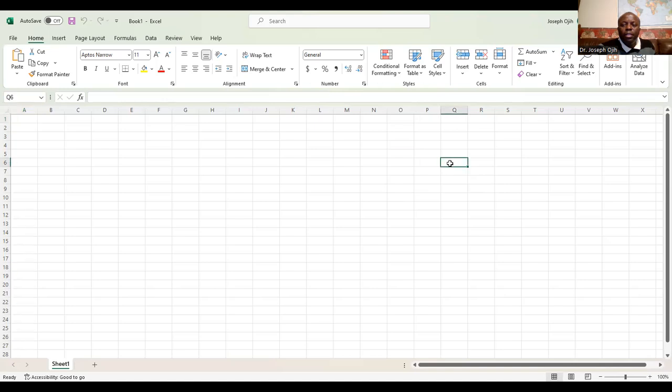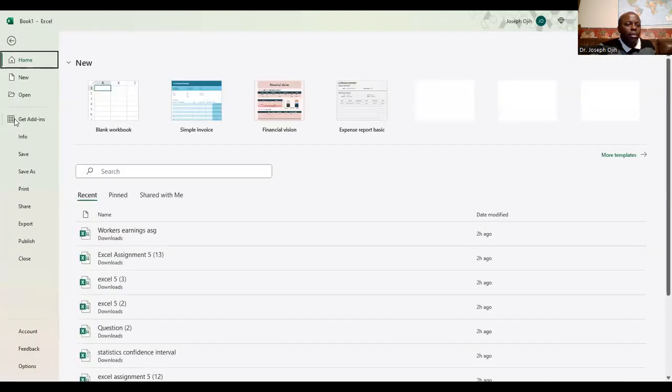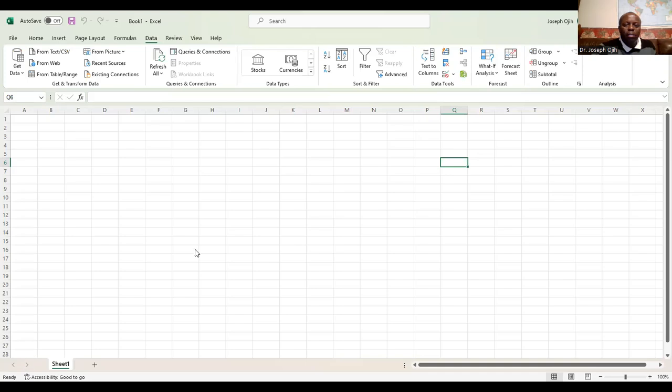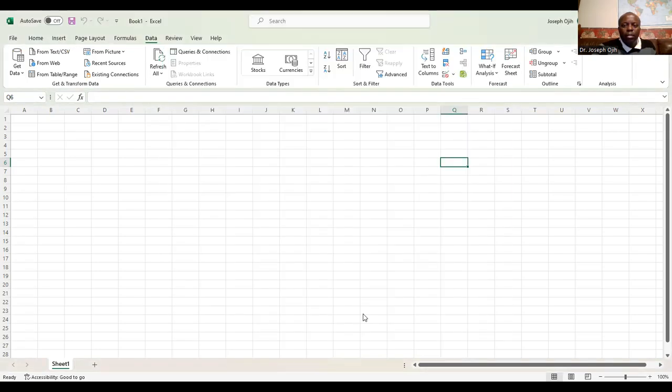Can you show me as well? I'm sharing my screen. You can see it, right? Yes. Sometimes it doesn't come with the Data Analysis option.